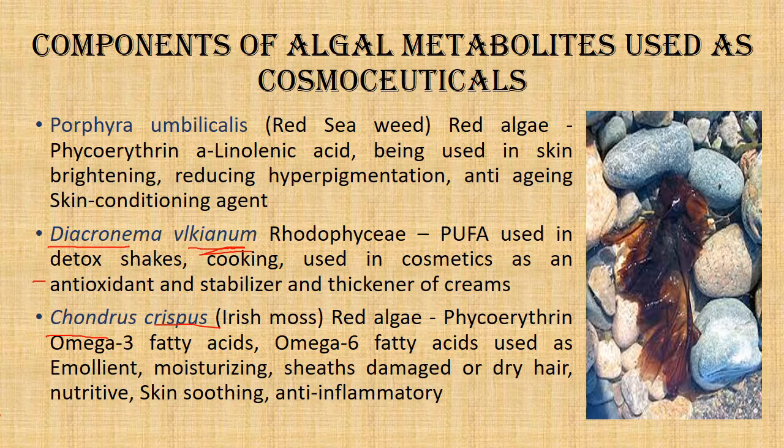And as it grows at different depths of water, the carotene content is found to vary according to the depth of water it is growing in. This Chondrus crispus is found to contain carotenoids, especially zeaxanthin, beta carotene and lutein.